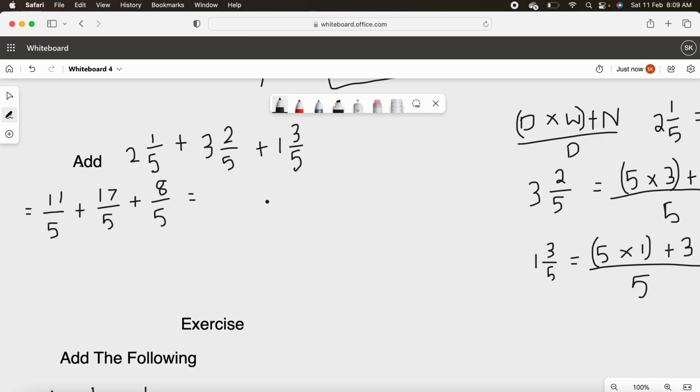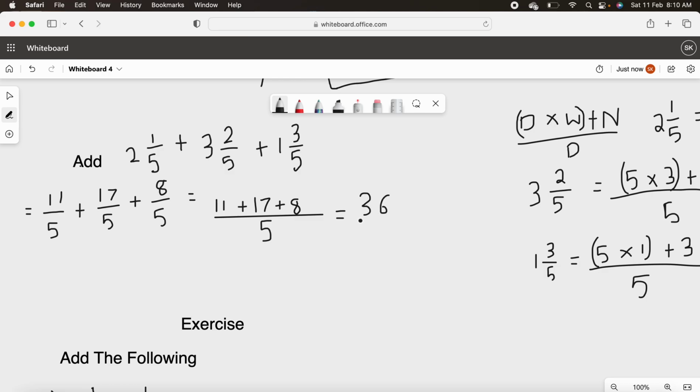Let's go back to the, so you don't add denominator. Oh, let me write it a little down. You don't add denominator since we have the common denominator. Write it as 5 and on top add the numerators only. 11 plus 17 plus 8. 11 plus 17 is what? 28. 28 plus 8 is 36 by 5.